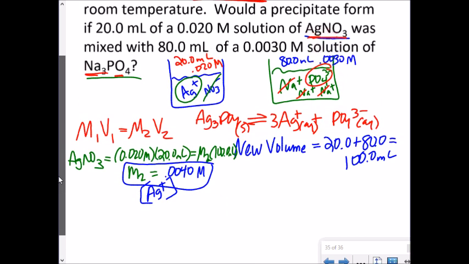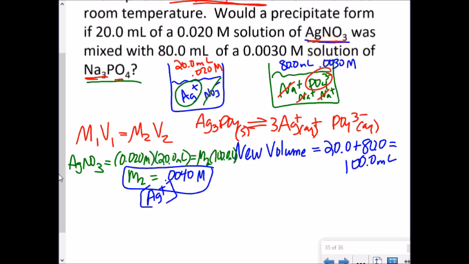Now we also have to do the same for our phosphate, our sodium phosphate. We should chart that. Okay.